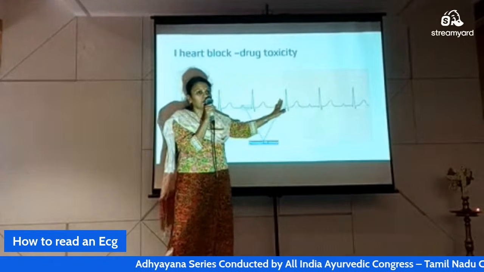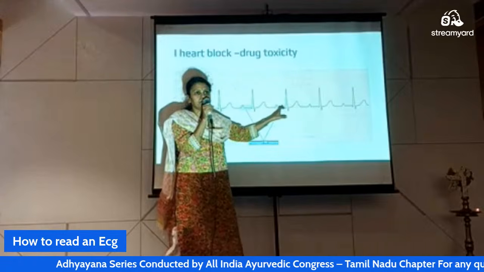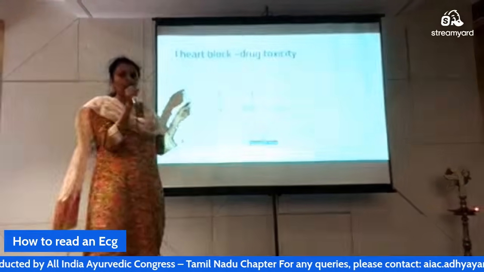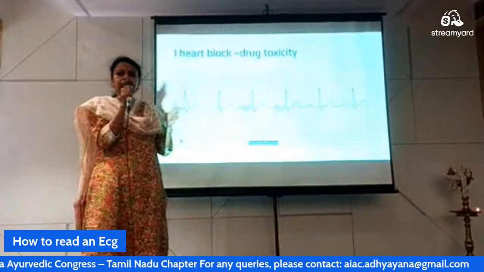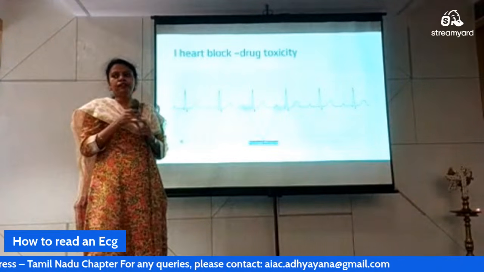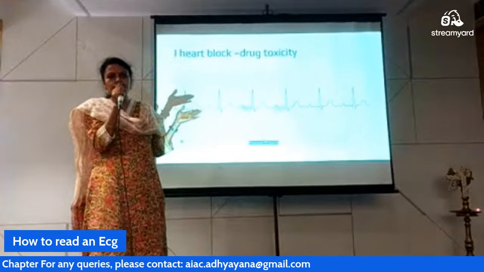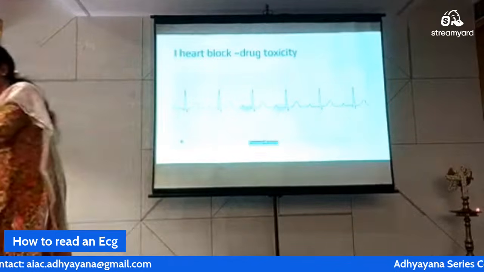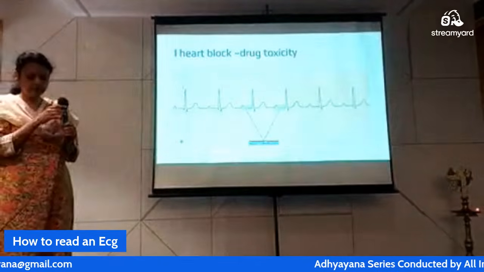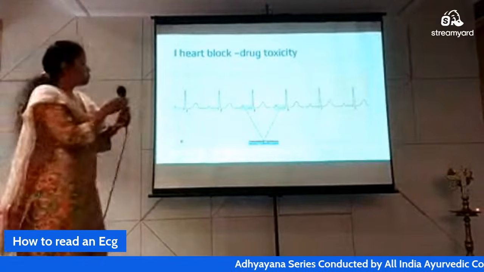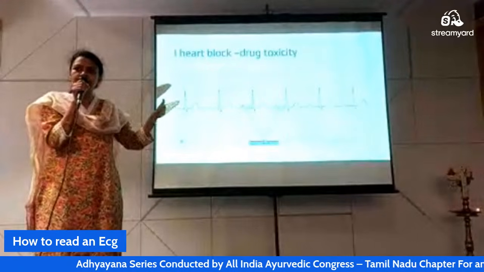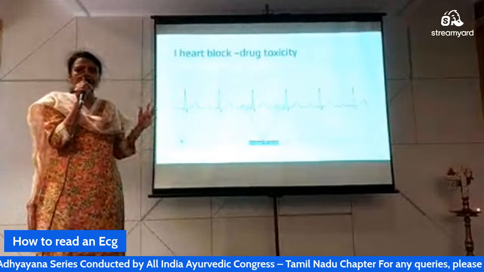So it is only a delay. This is called first degree heart block. You can neglect it. In some patients you can reduce the dose of the metoprolol, and then it will revert back to normal sinus. It is not that dangerous. You can leave it, no problem.